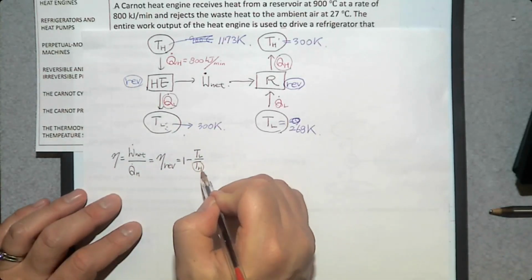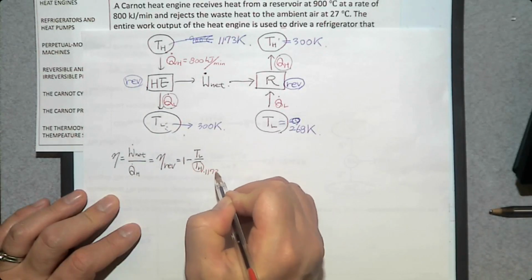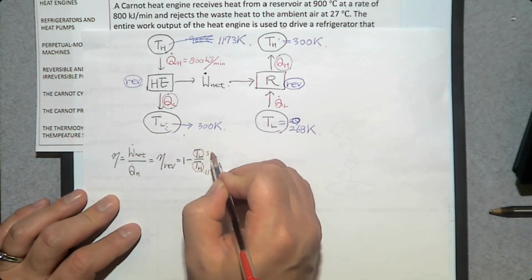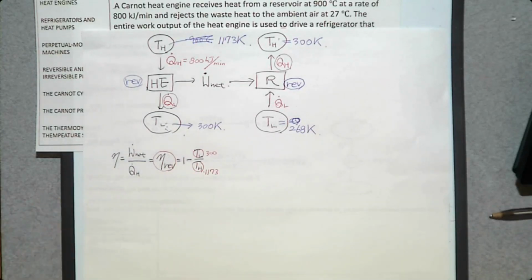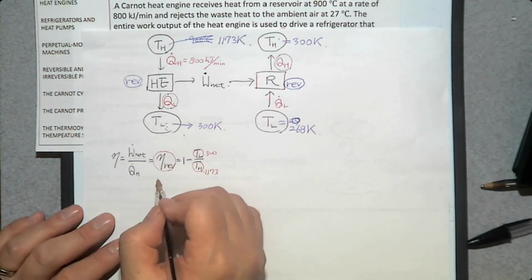So what is TH? 1173. What is TL? 300. So what is the efficiency? 0.744.